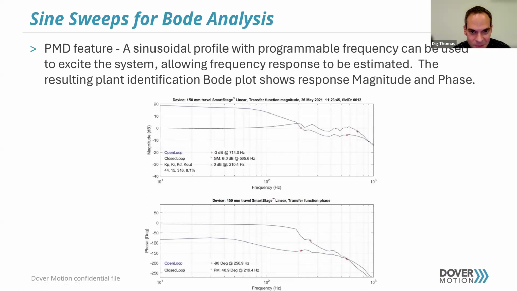There's the 3 dB point and the minus 90 degrees point. As nice as the 3 dB makes things look, we feel that 90 degrees is a better, more robust metric. If you look at the bottom, that puts us at around 257 hertz bandwidth. So not too shabby.